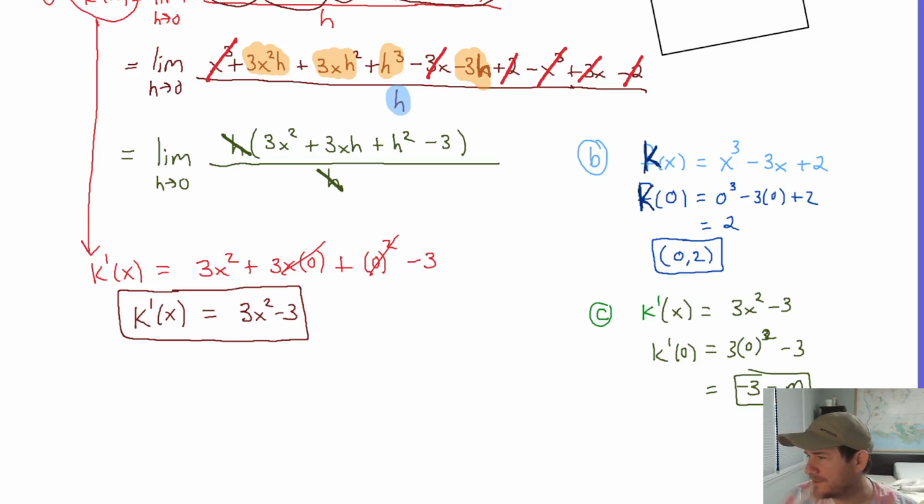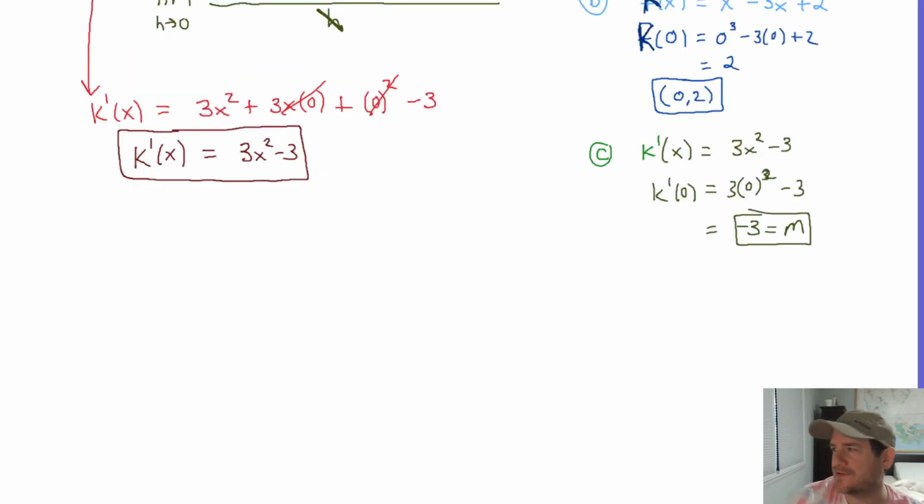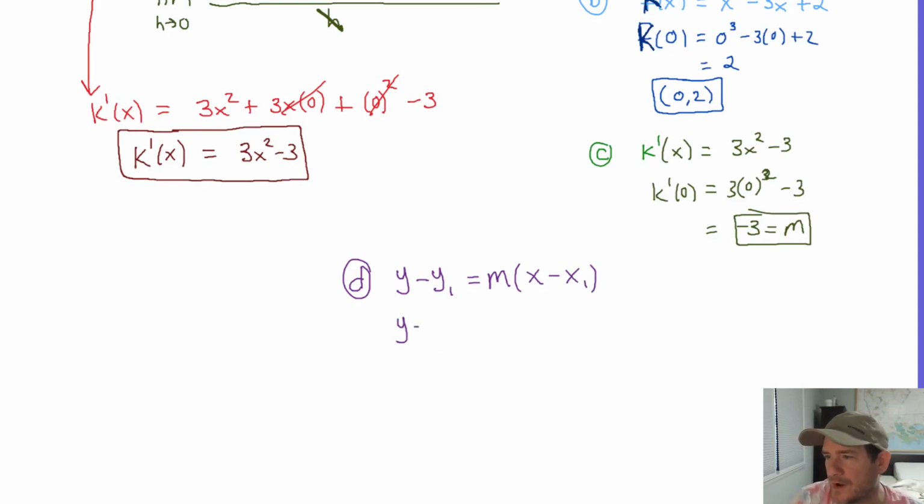And of course, the final step is to actually write the equation of the tangent line. So I'll give myself a little more room for that. But in part D, we're just substituting into the point slope form, y minus y1 equals m times x minus x1. So y1 is the y coordinate of the point of tangency, so in drops a 2.